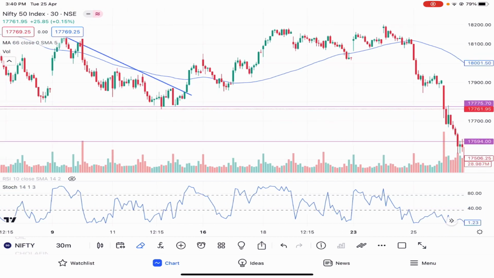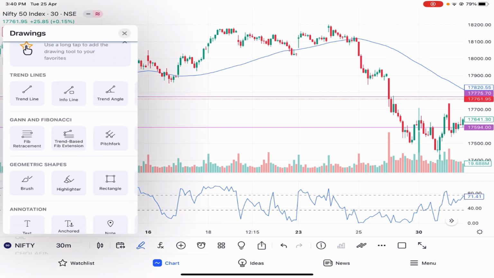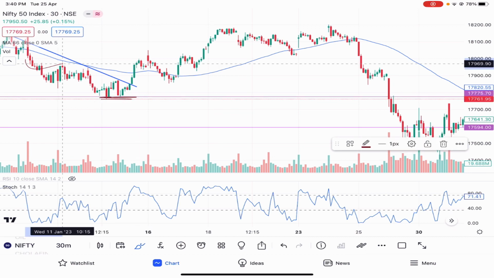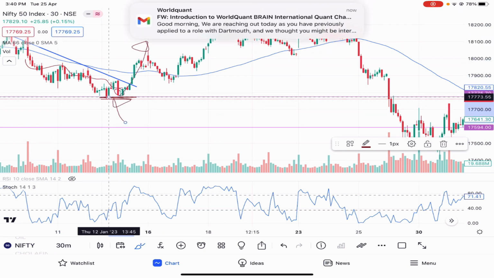So now I hope you know what is a support point and what is a reversal point, what is a resistance point. The price was falling, took support and boomed up. So this is my support point.